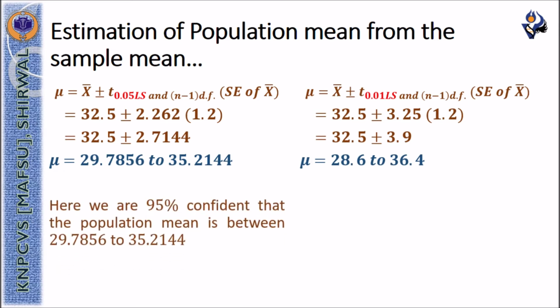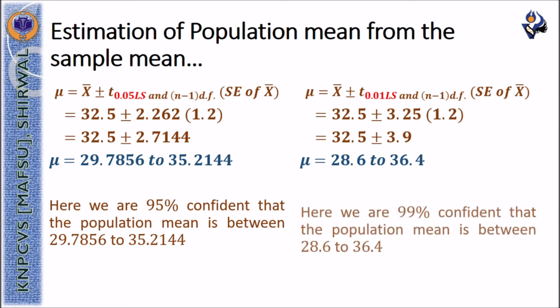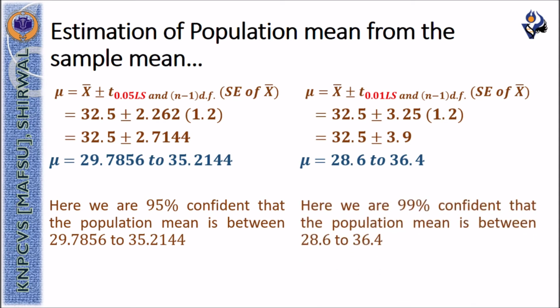In first case, we are 95% confident about the estimation of population mean, whereas in second case we are 99% confident about the population mean. As the confidence level increases, the precision of the population mean is getting decreased.